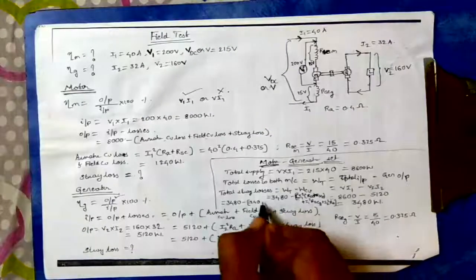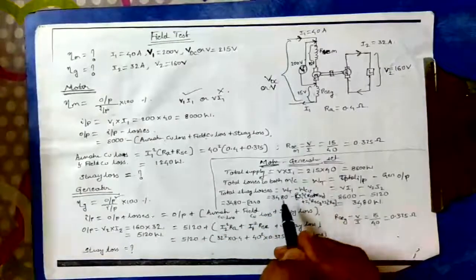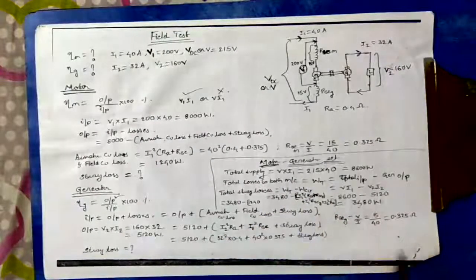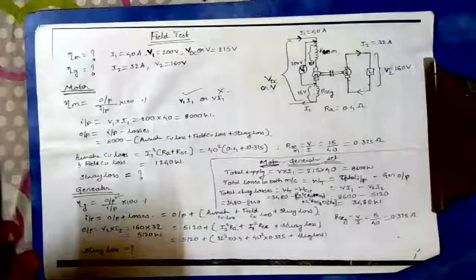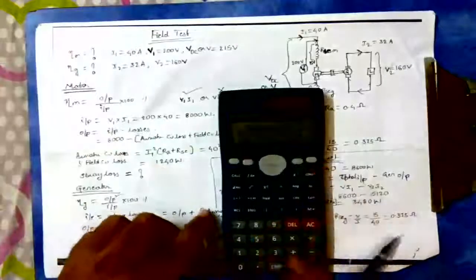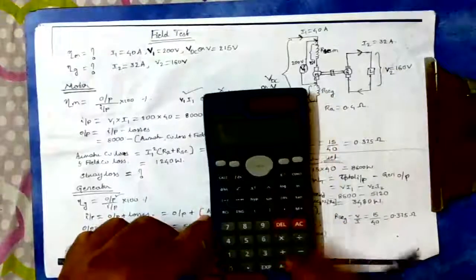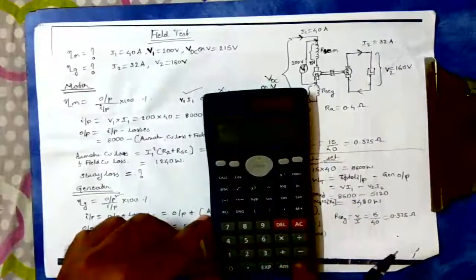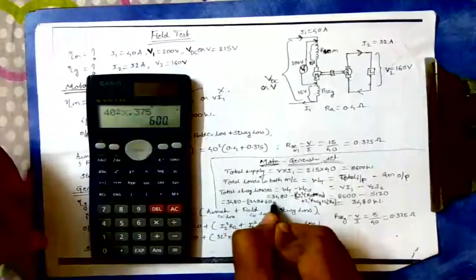It is 40 square into RSC. RSC is 0.375. If I do it in the calculator, 40 square into 0.375 is 600. So I shall add plus 600 here.